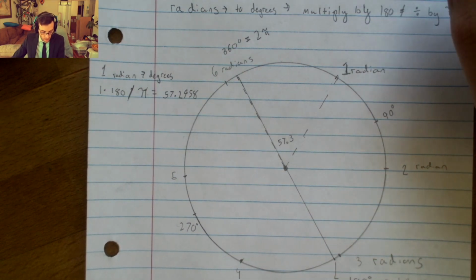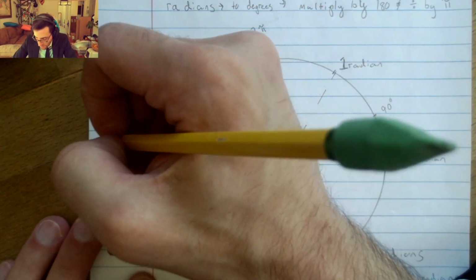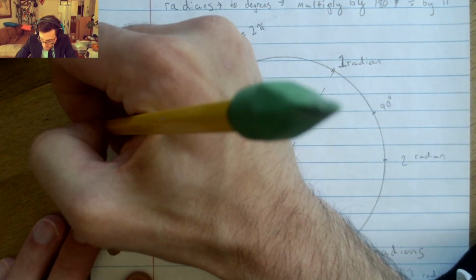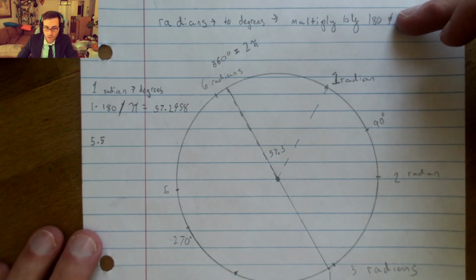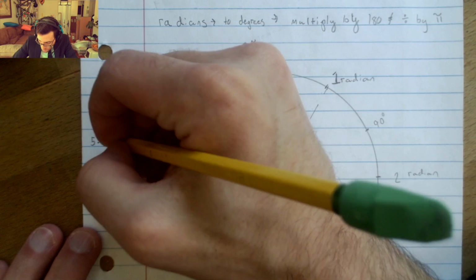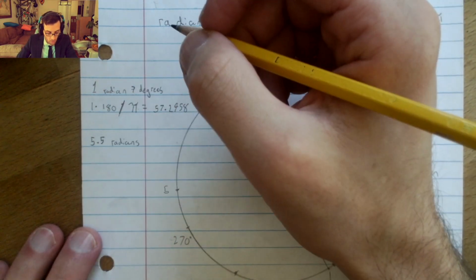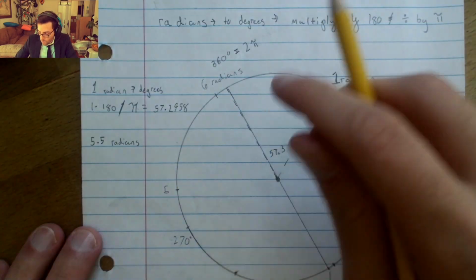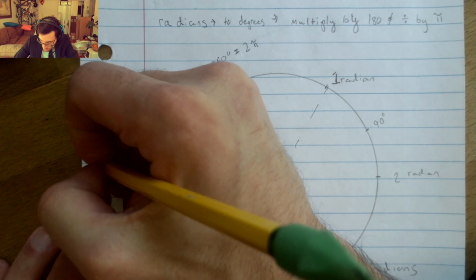So what I like to do is give another example here. If we had, say, 5.5 radians, and we wanted to go to degrees, we would multiply the number of radians by 180.